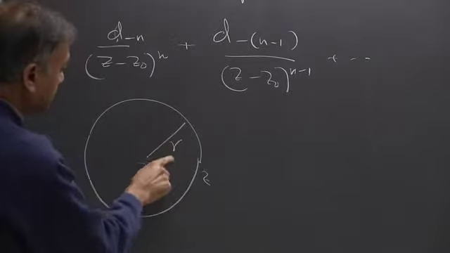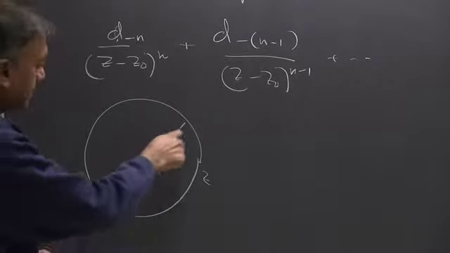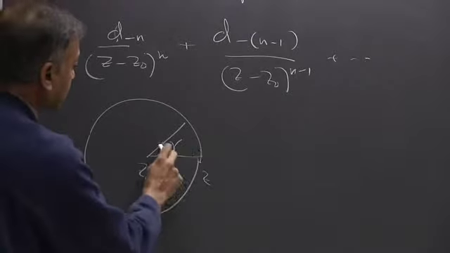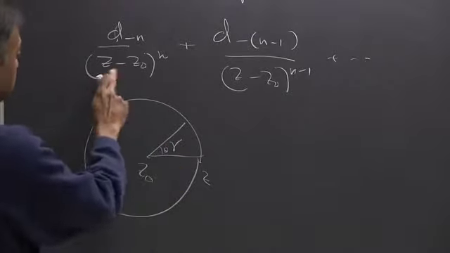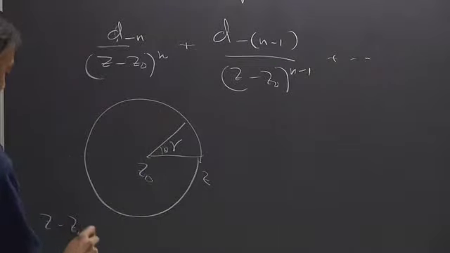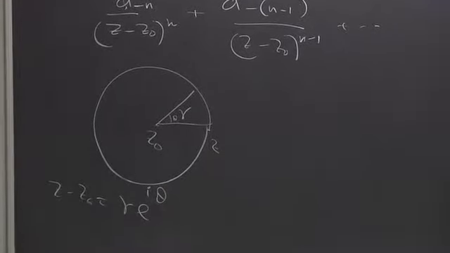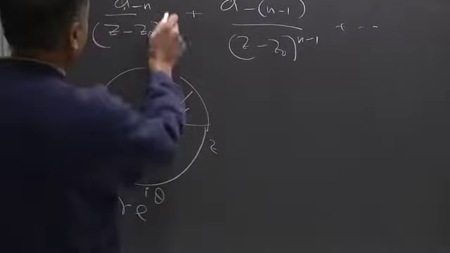If I choose z naught as the origin, take r and the angle theta, then z minus z naught is simply r times e to the i theta, and this thing simply becomes d minus n divided by r to the n times e to the i n theta, and then similarly all the lower terms.